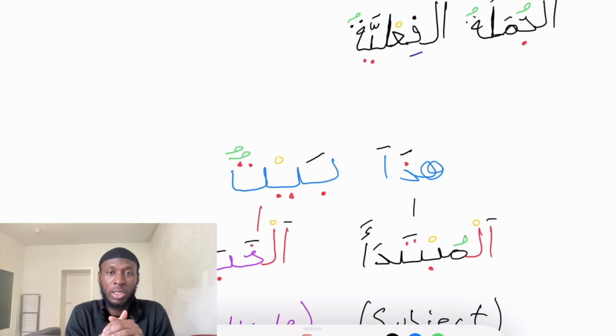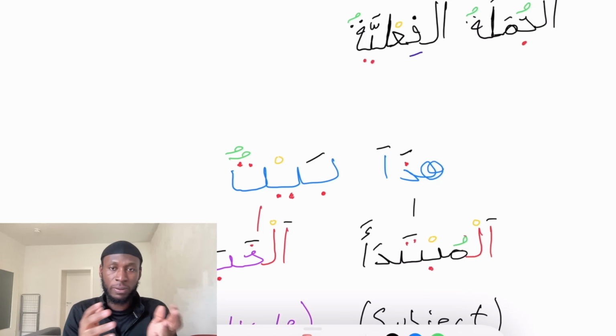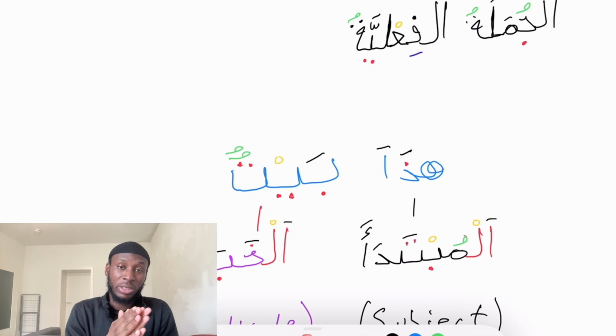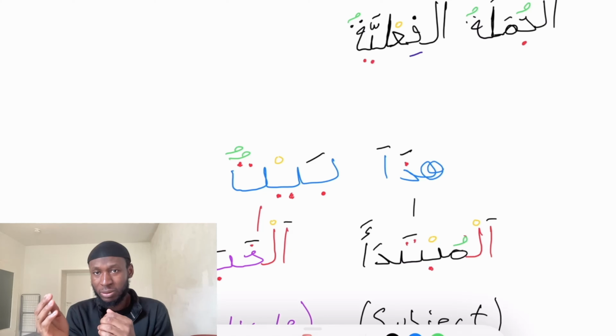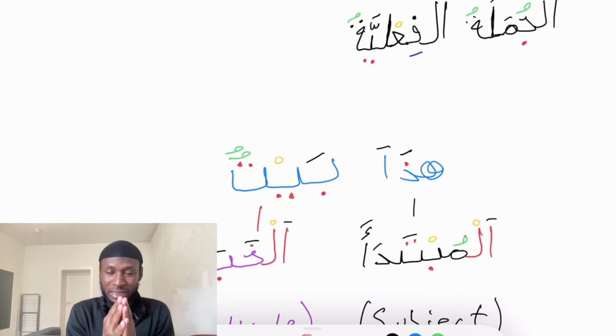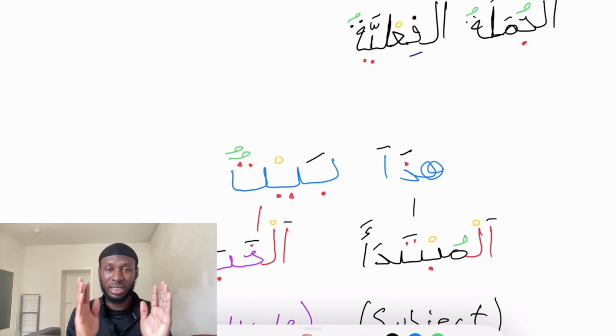The marfu being the nominative case, the majrur the genitive case, and the mansub the accusative case. هذا doesn't change form to indicate whether it's marfu, nominative, genitive or accusative. We say it's mabni, it's fixed. It doesn't change form.